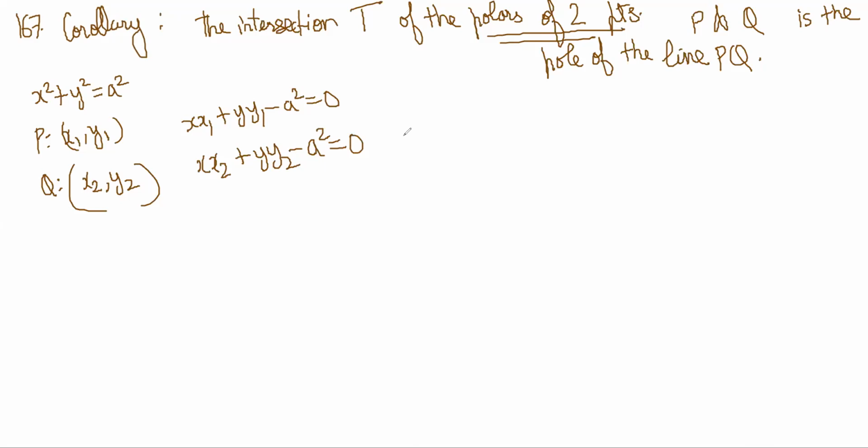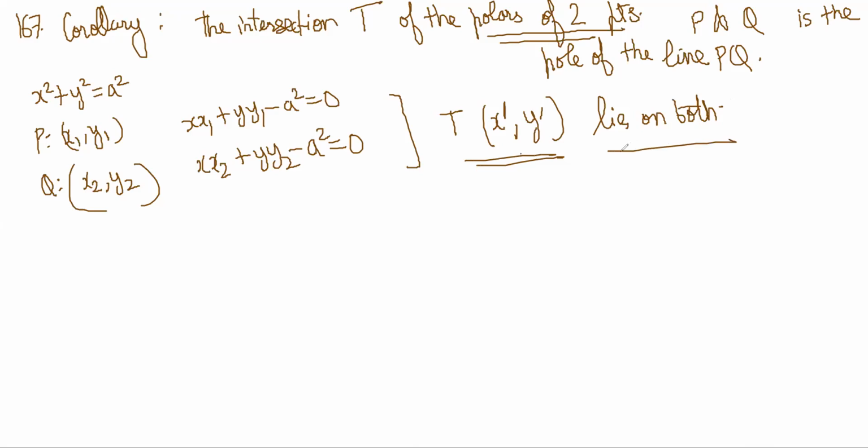They intersect at a point T, so T is the point of intersection of these two. T must be, let's say, x dash and y dash, which satisfies both, lies on both. Then only it will be the intersection point of the polars.